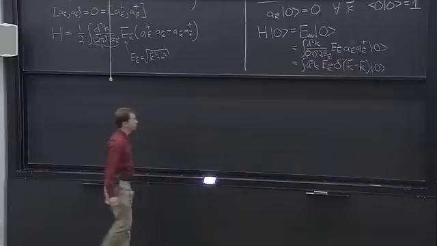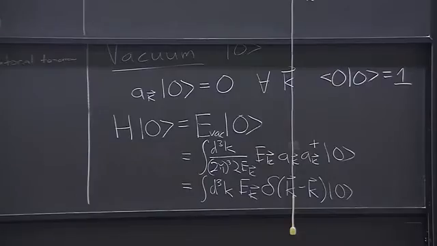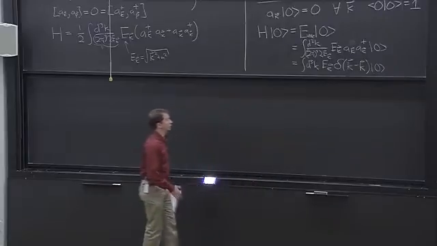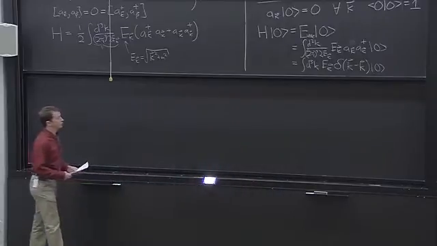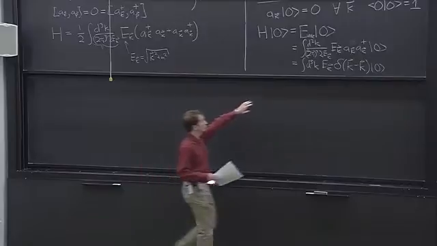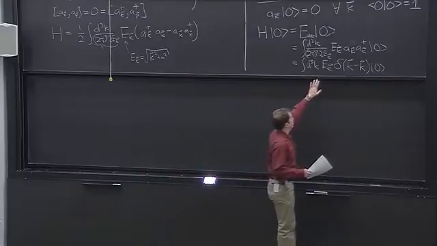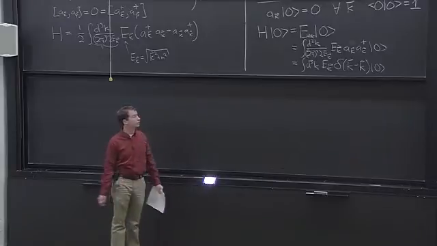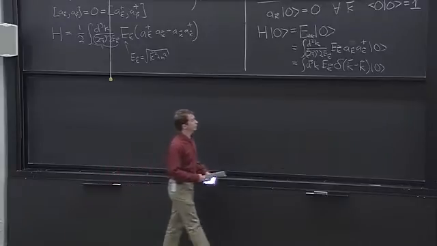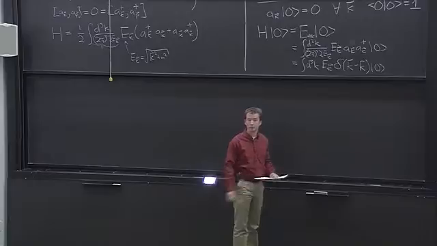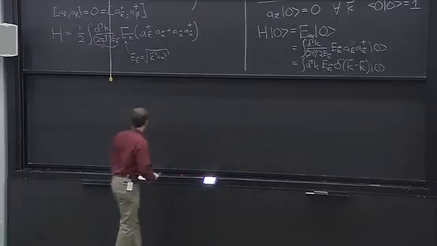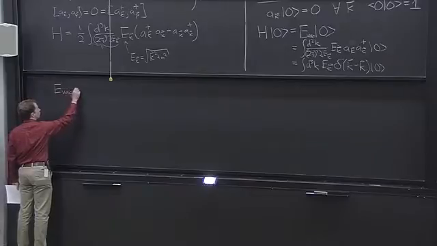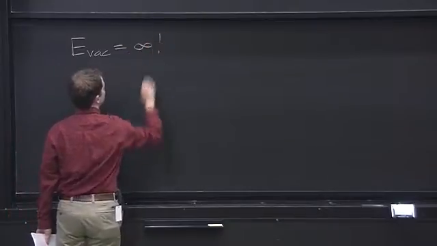So what have we found? First of all, this is a delta function evaluated at 0, which is not well defined. It's divergent. And we've got an integral over energy, and E_k for large k goes like k. So this integral seems horribly divergent. So what we found is E_vac is infinity.